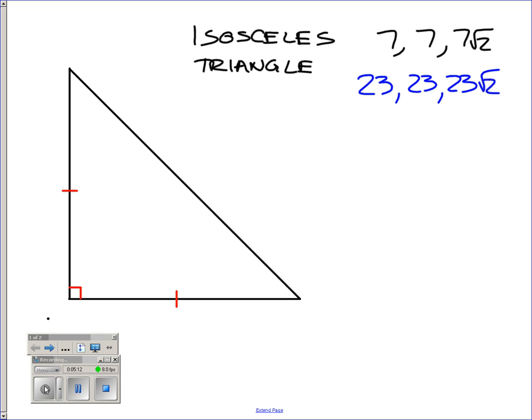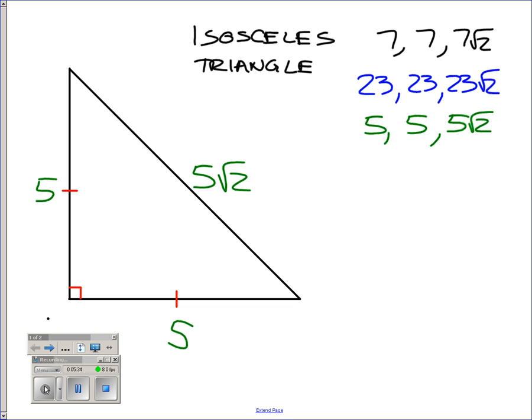So if I put down 5, 5, well, instead of going through the Pythagorean theorem again, it's just going to be 5 root 2. And this is another case of side lengths of this isosceles right triangle.